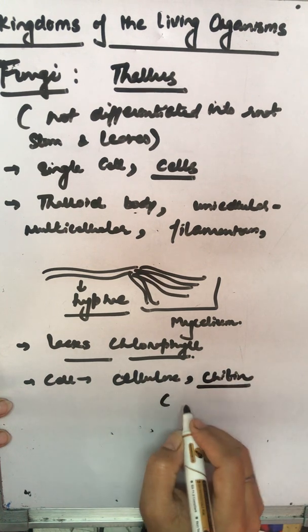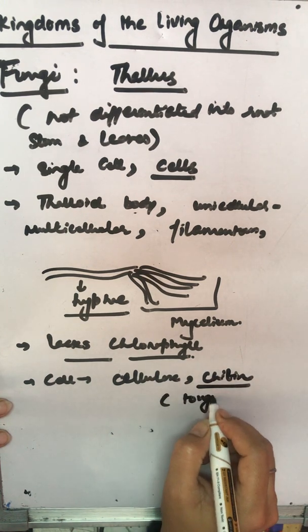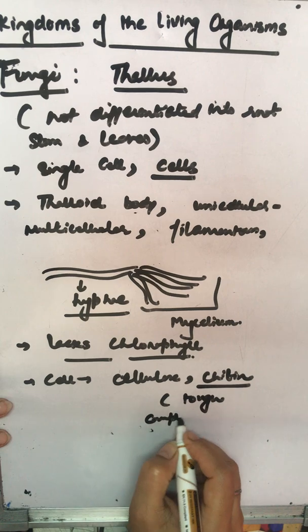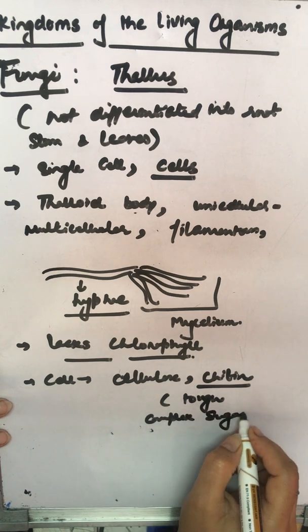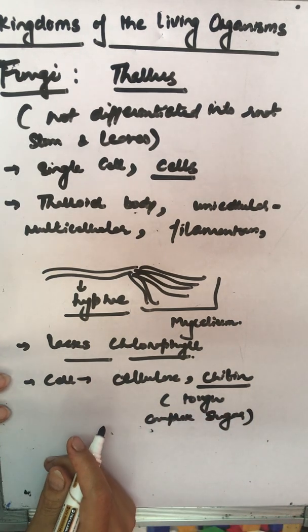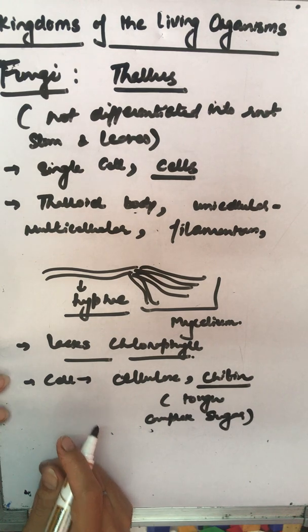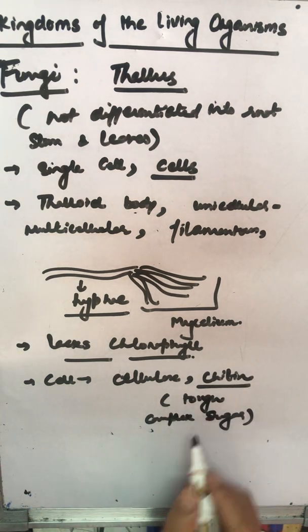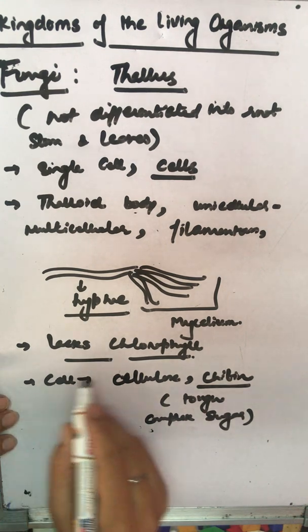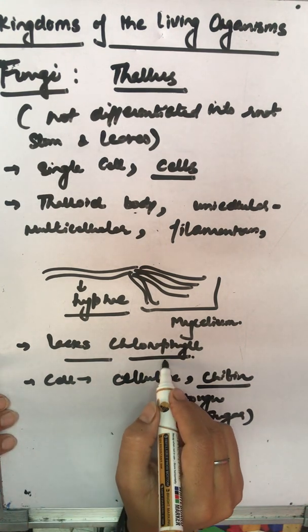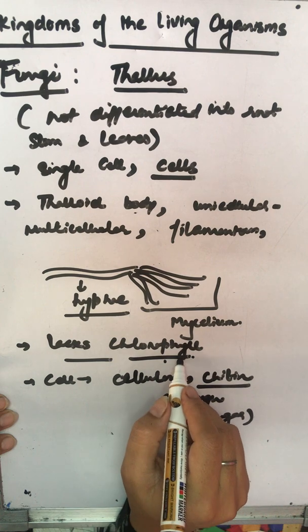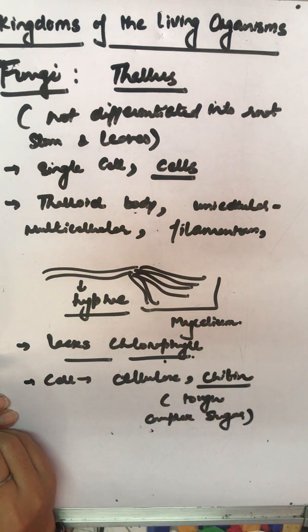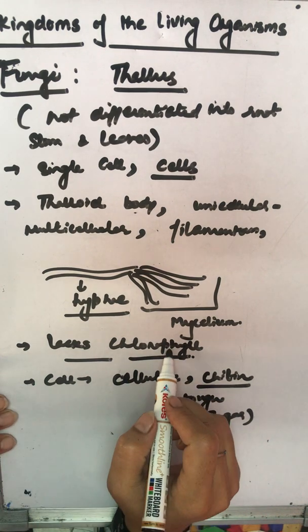What is chitin? Chitin is a tough complex sugar. That is also a material which the cells are made up of. Sometimes both are there, sometimes only one is there. And fungi, when they lack chlorophyll, they are non-green, they are unable to synthesize their food by the process of photosynthesis.